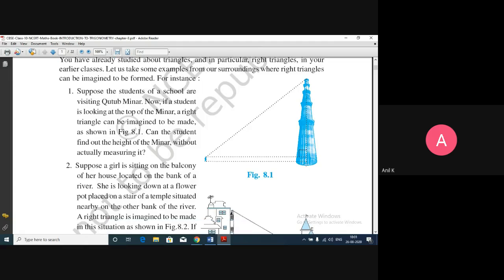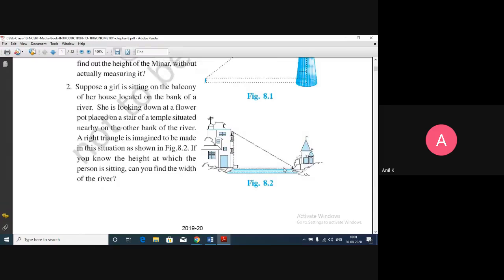And similarly, if I want to find the distance from one building to another building, or, for example, if this is the ship and this is the lighthouse, you know what the lighthouse means, which lies on the shore, there will be a light signal for the ships. So if I want to find how far from the base of the shore the ship is lying, these are all things you can measure.